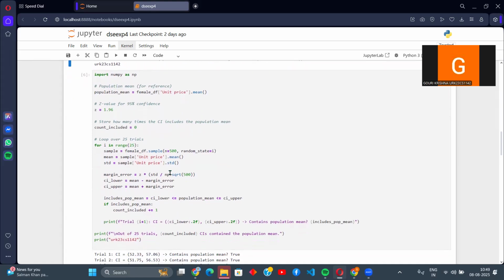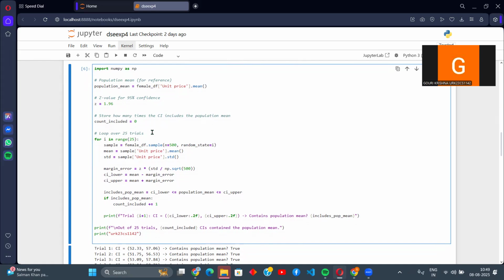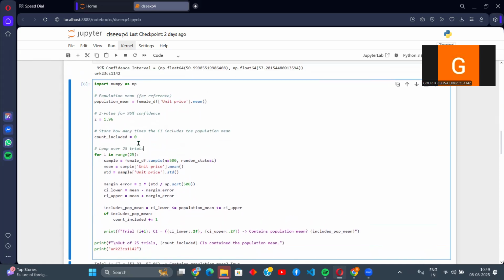And this is the sixth question, which is confidence interval coverage in 25 trials. It runs 25 independent samples where n equal to 500 and z equal to 1.96. For each trial, it computes the sample mean, standard deviation, and the 95 percentage CI.